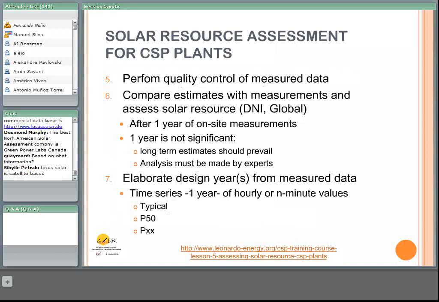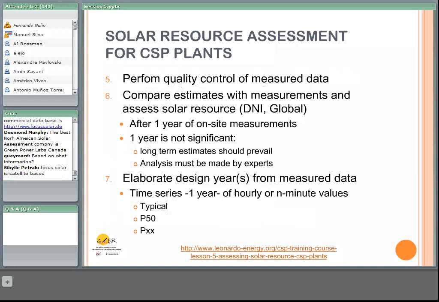They are time series of 1 year of hourly or 5-minute or 10-minute or 15-minute values, and depending on the type of assessment you need for the project, you may require a typical meteorological year or the average year, the P50. That's the central value of a normal distribution.